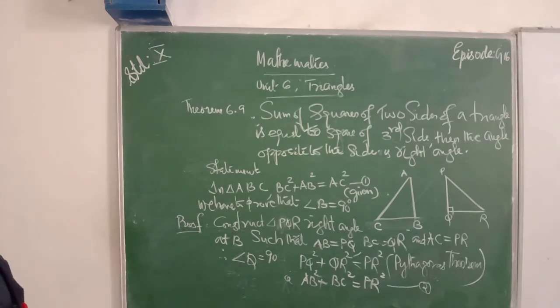Equation number 1 is BC square plus AB square is equal to AC square. Equation number 2 is AB square plus BC square is equal to PR square.